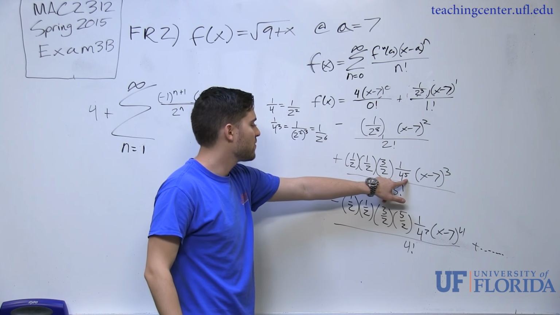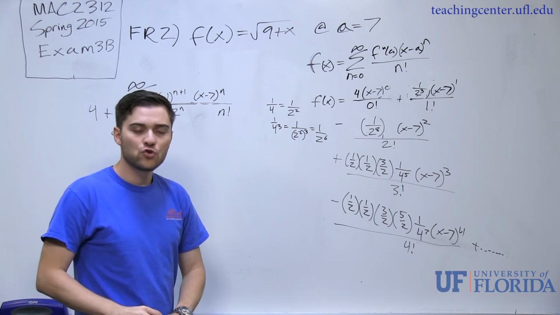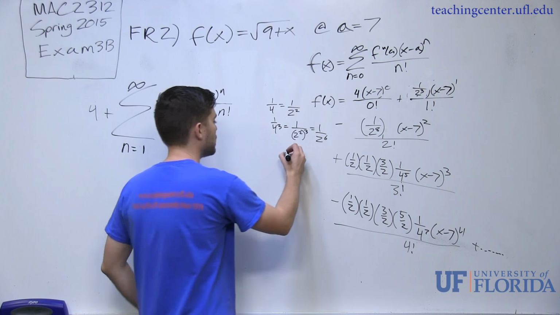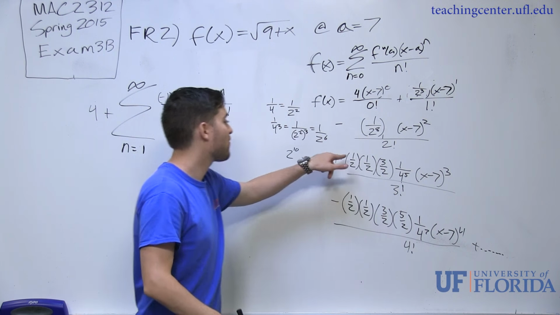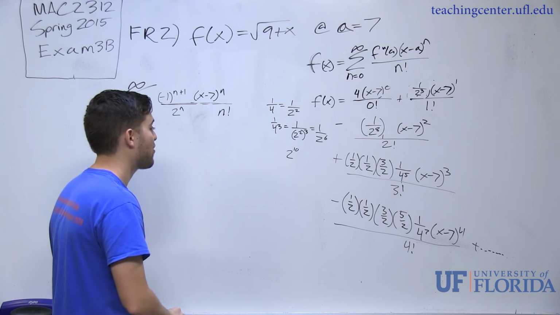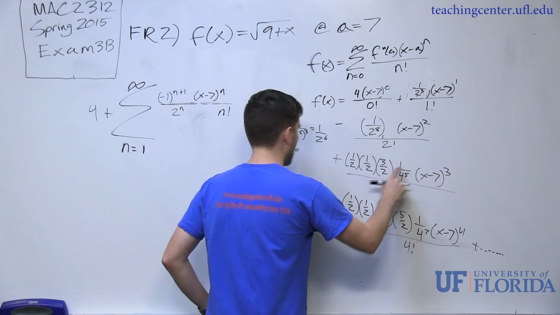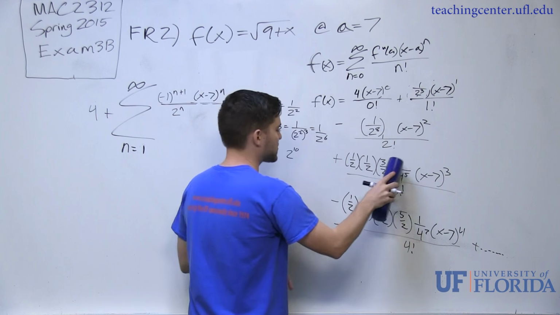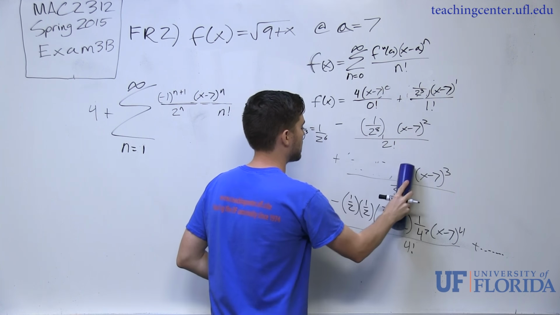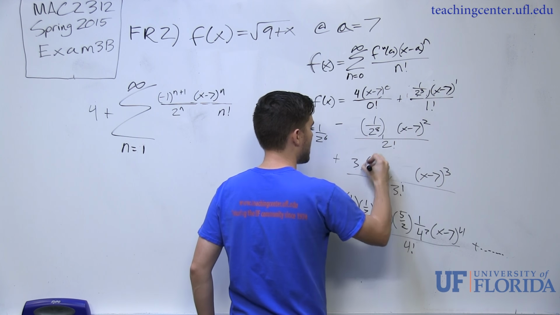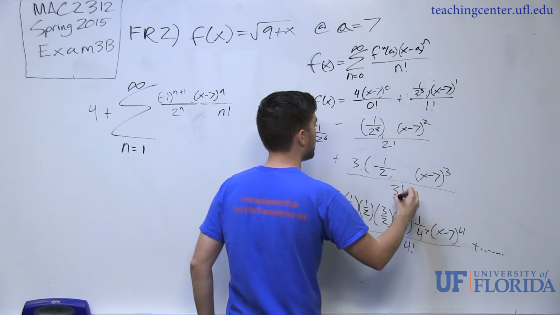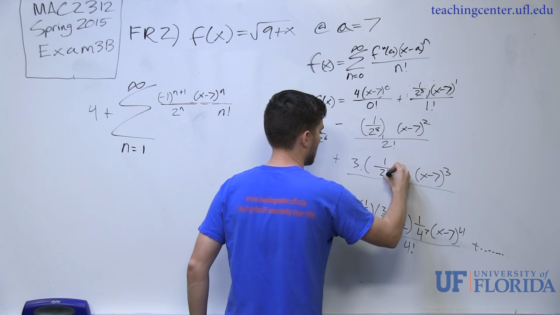Here, if we try to do it, 4 to the 5th is 2 to the 2 to the 5, so that would be 2 to the 10, 11, 12, 13, so that's going to 13. So I do have this extra 3 here, and I'm not going to get rid of that. I'm just going to write it as a 3 off to the side, and I have 1/2 to the 13.